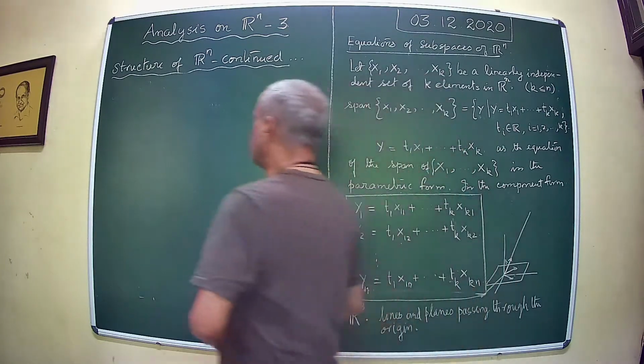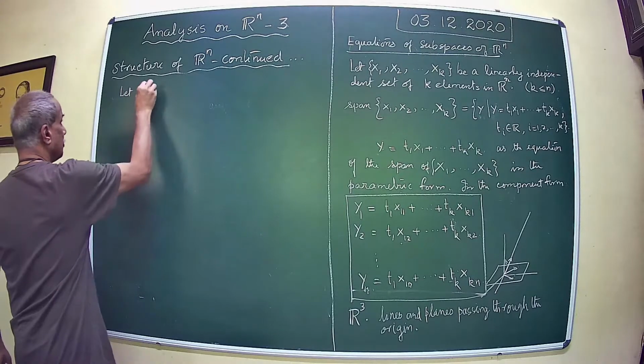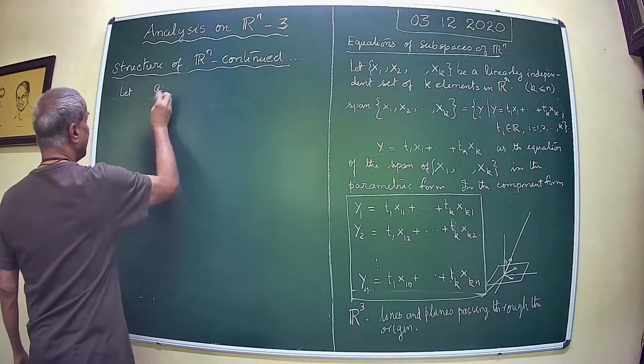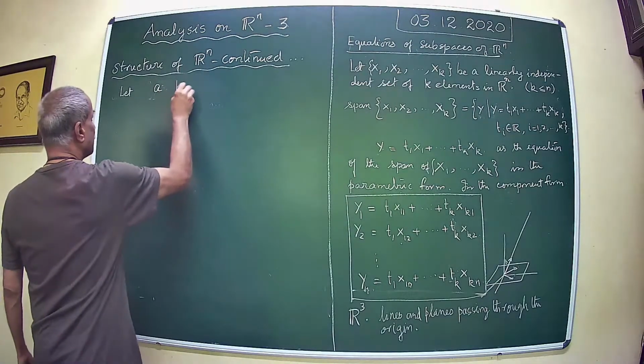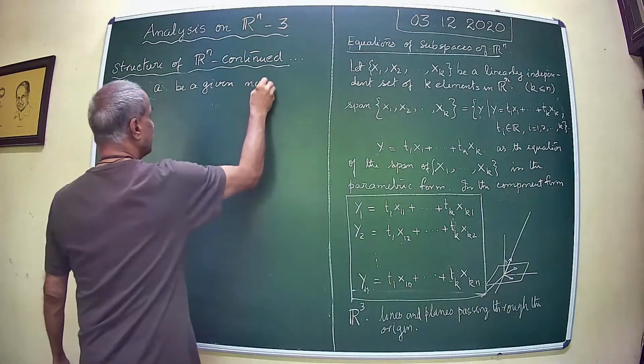So we start with a vector, or I will use A, a non-zero vector.